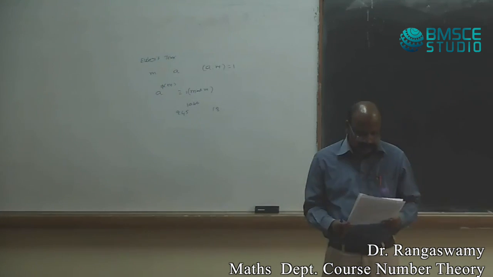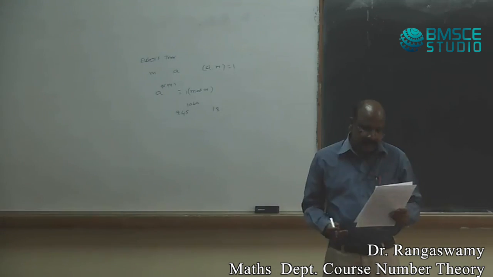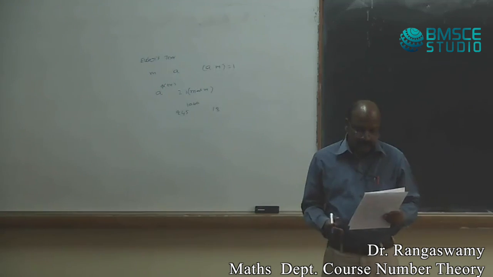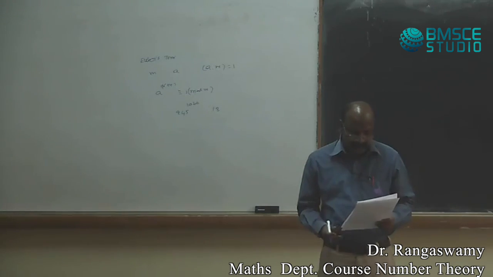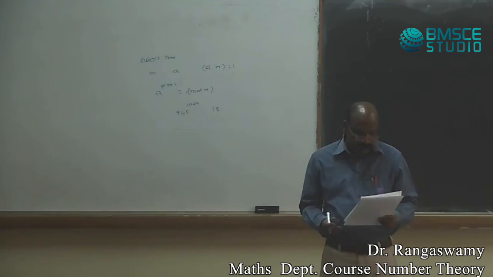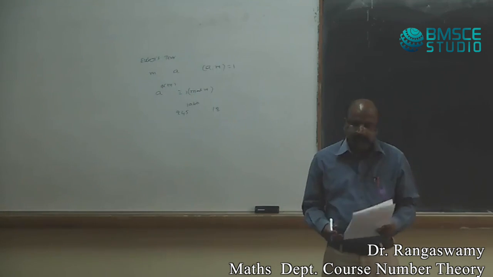And arithmetic functions: you can find sigma functions, tau functions, Dirichlet product, Dirichlet inverse, Mobius function, and Euler's phi function. They have very much use. You can also find primitive roots and indices, the order of a positive integer, primality tests, primitive roots of primes, and the algebra of indices.